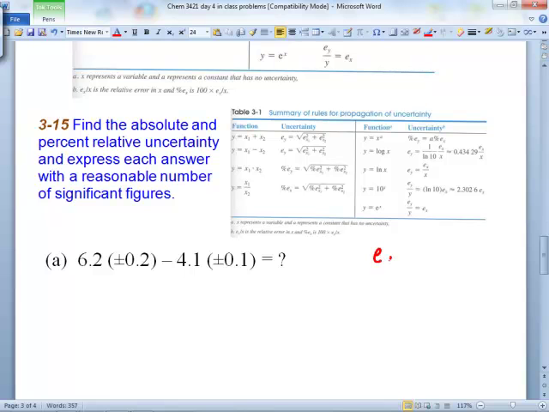Hopefully you see you're going to have to use this one, and your result is going to be an absolute uncertainty, so we can just use it directly, but we need to get it.